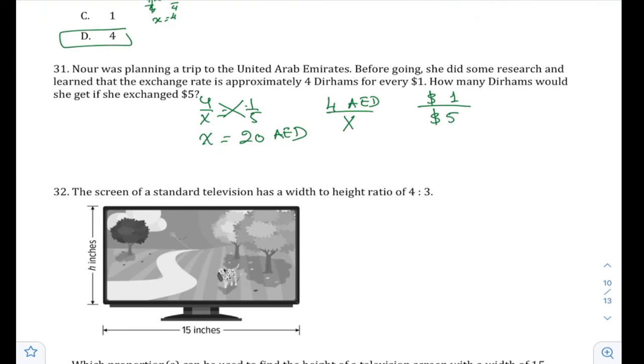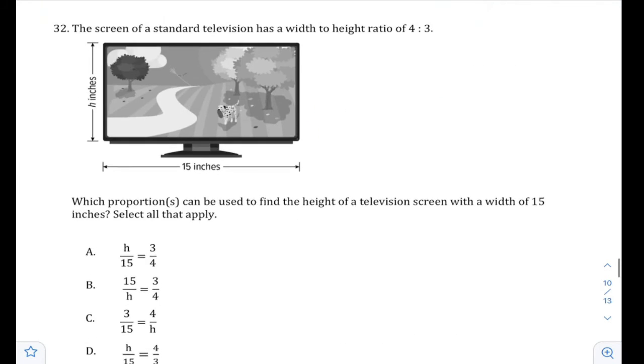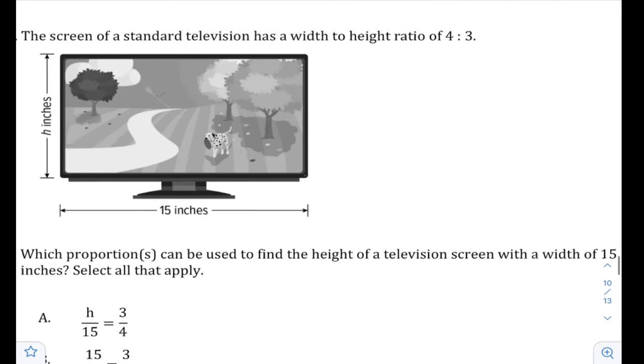It's easy. The screen of a standard television has a width to height of 4 to 3. So width over height is 4 over 3. A ratio is the same as a fraction.